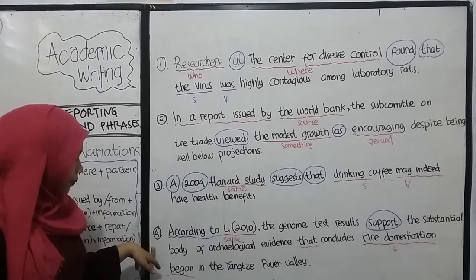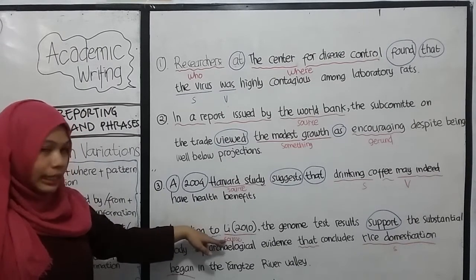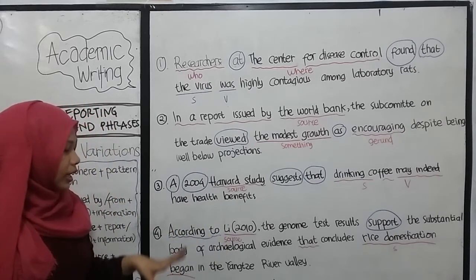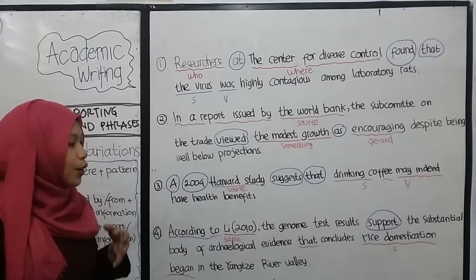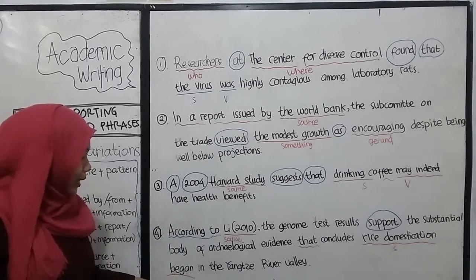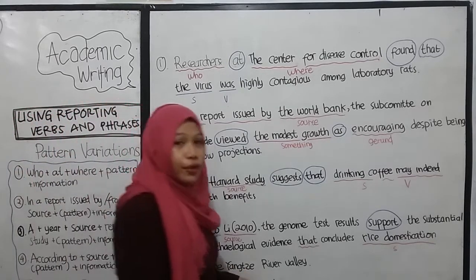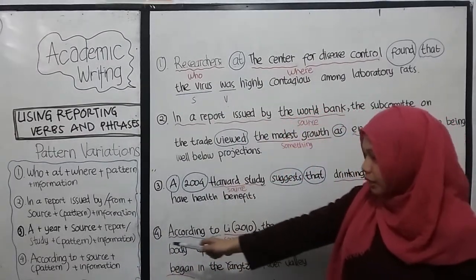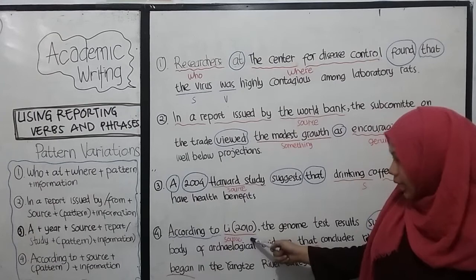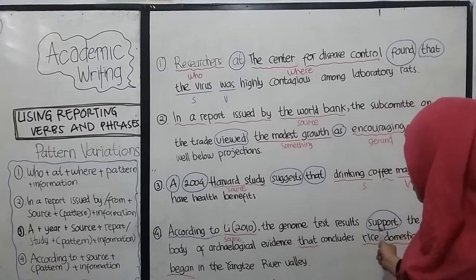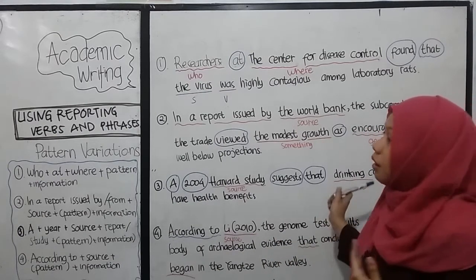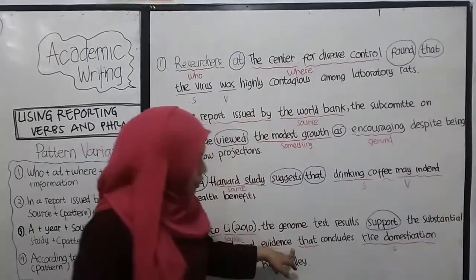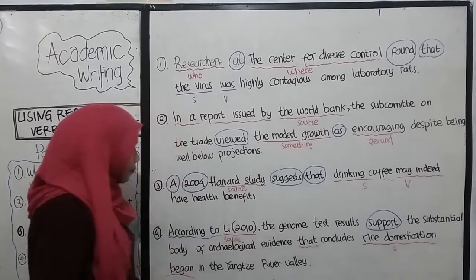The last example, according to Lee, the genome test results support the substantial body of archaeological evidence that concludes rice domestication began in the Yangtze River Valley. According to, it's the same. Then we find the source. The genome test results support is the reporting verb, and then it's followed by that, subject, and verb.